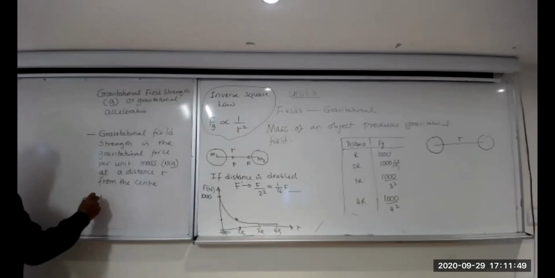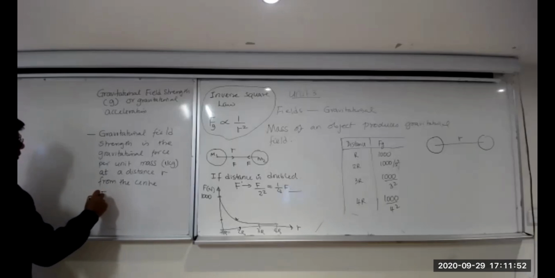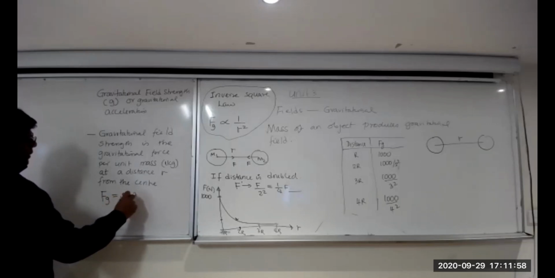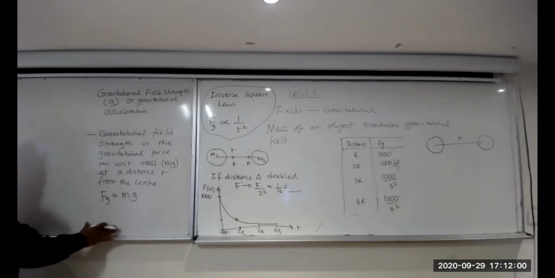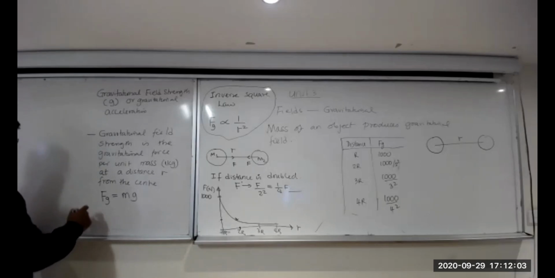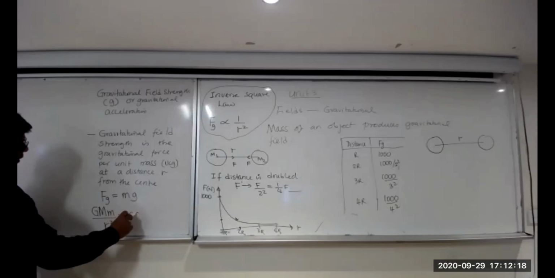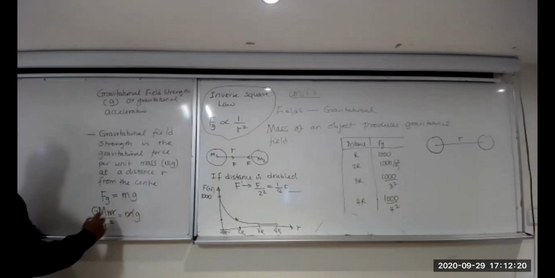We all know that. So gravitational force can be written as the mass times the gravitational field strength. Then that can be written as capital M, the one that produces the gravitational field, times the little mass, over distance squared, and then you get this expression for little g.